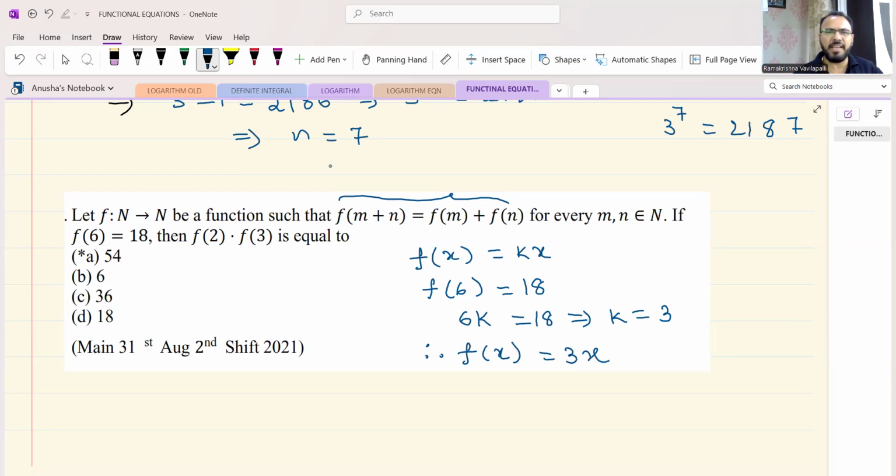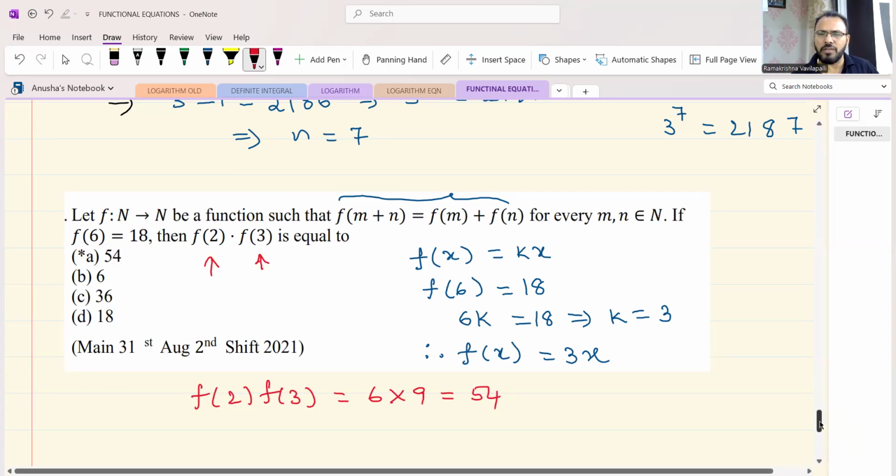Now just plug in the values. What values are to be plugged into the function? 2 and 3. So what is f of 2 into f of 3? That equals 6 into 9, which equals 54. Finished.